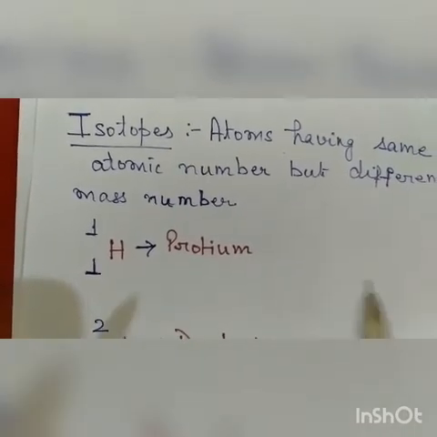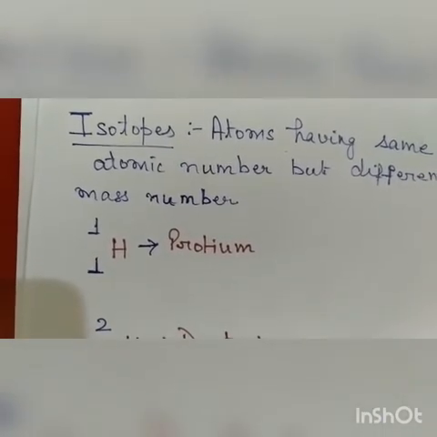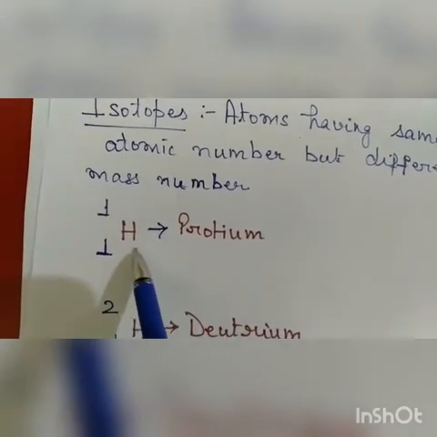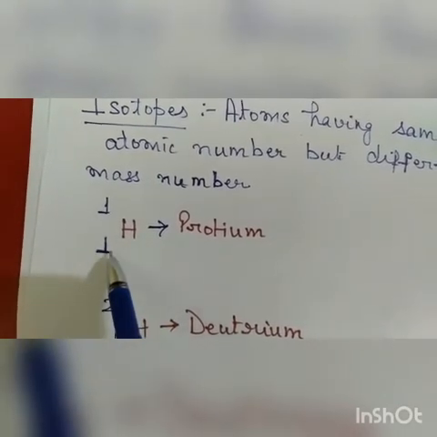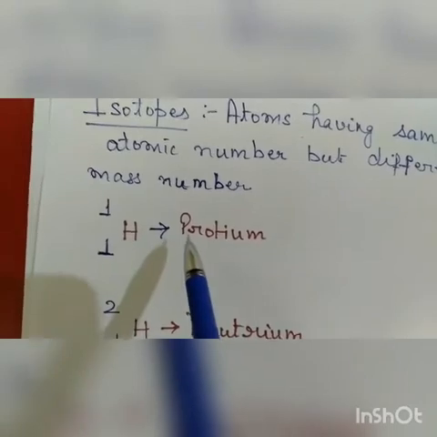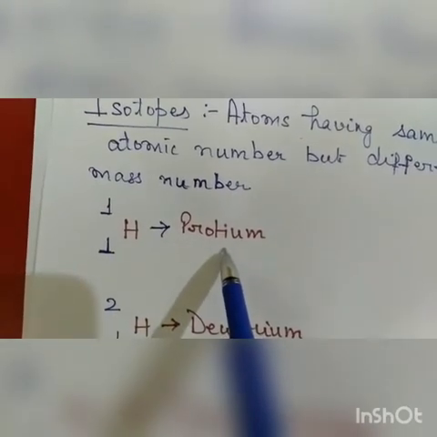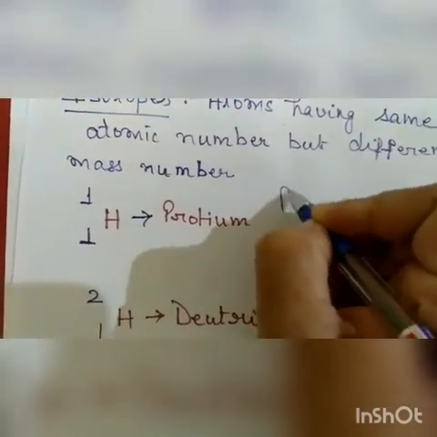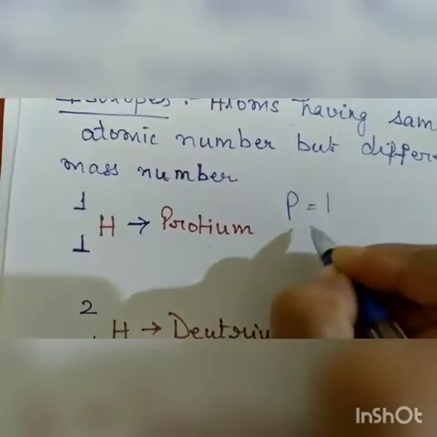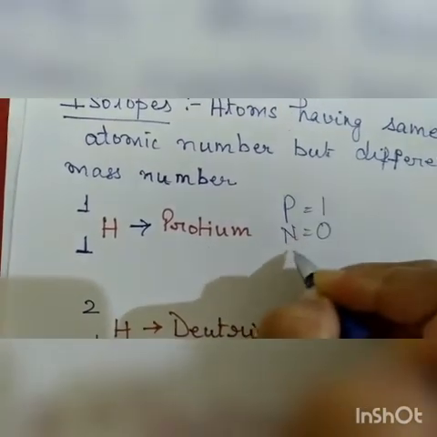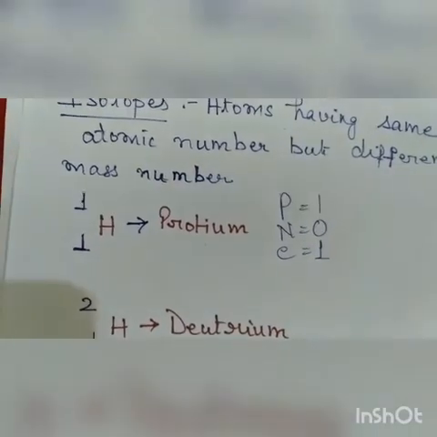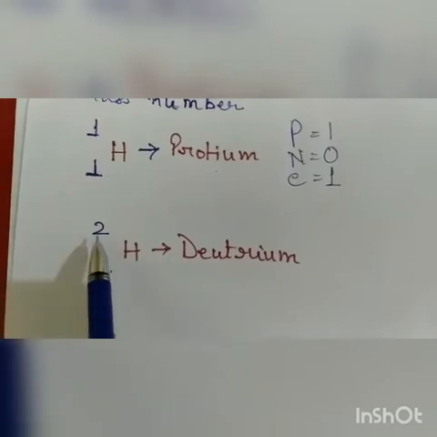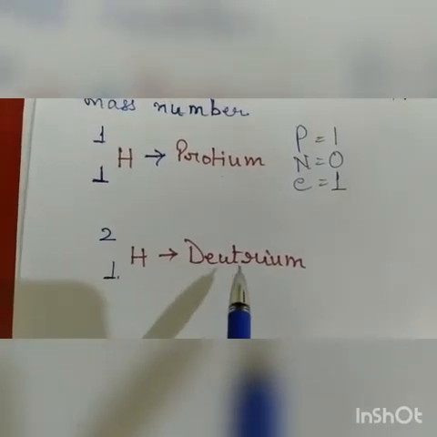Now, let us take the case of hydrogen. Hydrogen has 3 isotopes. This is the first isotope, with atomic number and mass number, and the name is protium. Here the protons are 1, neutrons 0, electrons 1. This is the second isotope, atomic number is 1, mass number is 2, and it is deuterium.